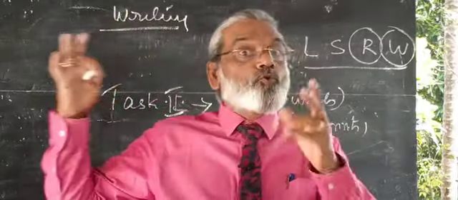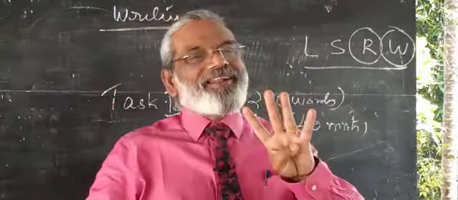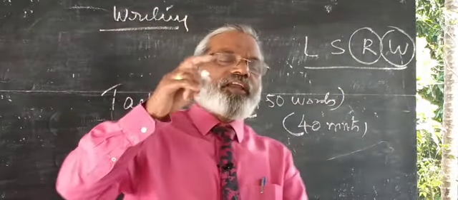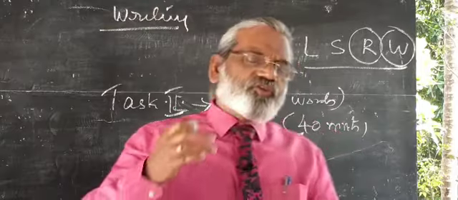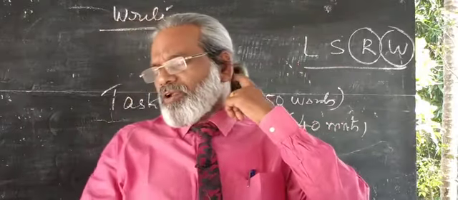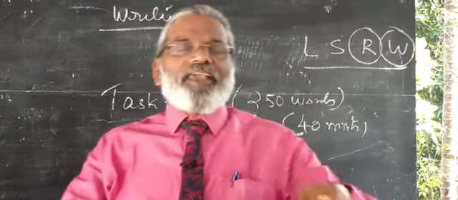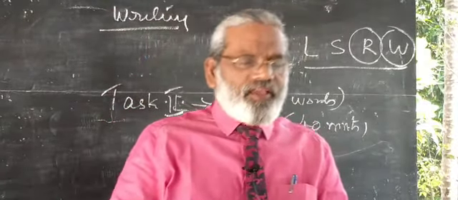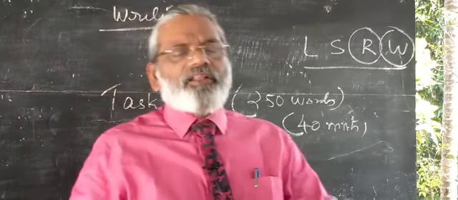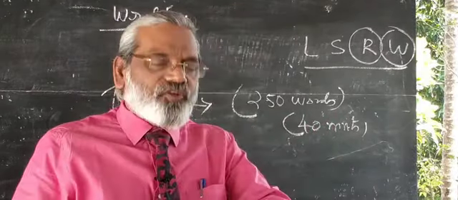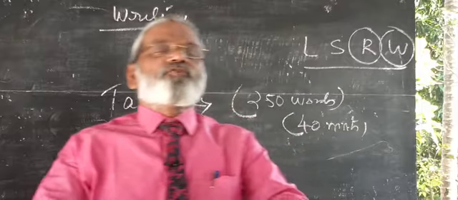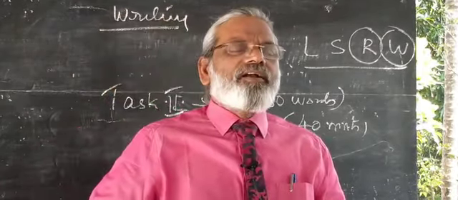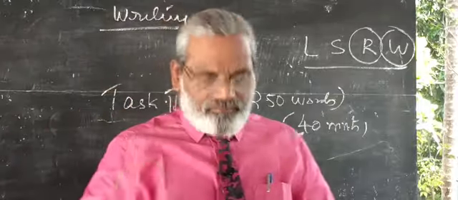So, task number 2 has 40 minutes, but 250 words to be written differently. Just one example: 2 months ago, one question came for task number 2. Nowadays, children in the colleges, even in the colleges, go for private tuition classes. Do you agree or disagree?